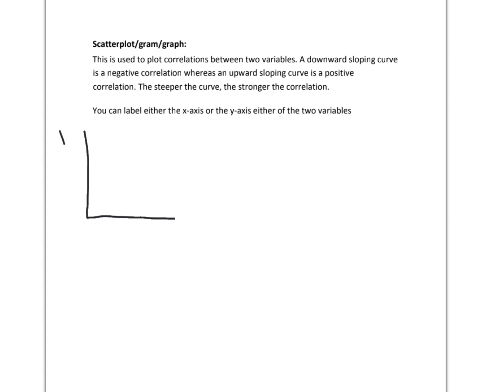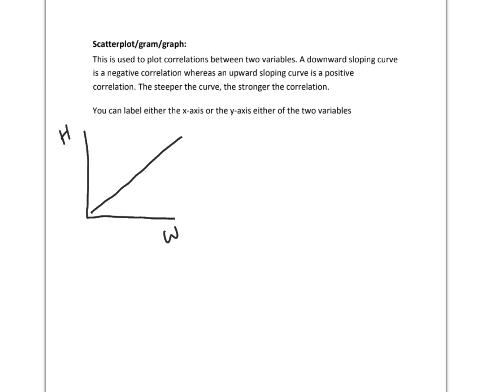So let's plot height on the y-axis and weight on the x-axis. So these are my two variables. Now let's say that the graph for height and weight, the scatter graph, looks like this. A really steep upward sloping curve.